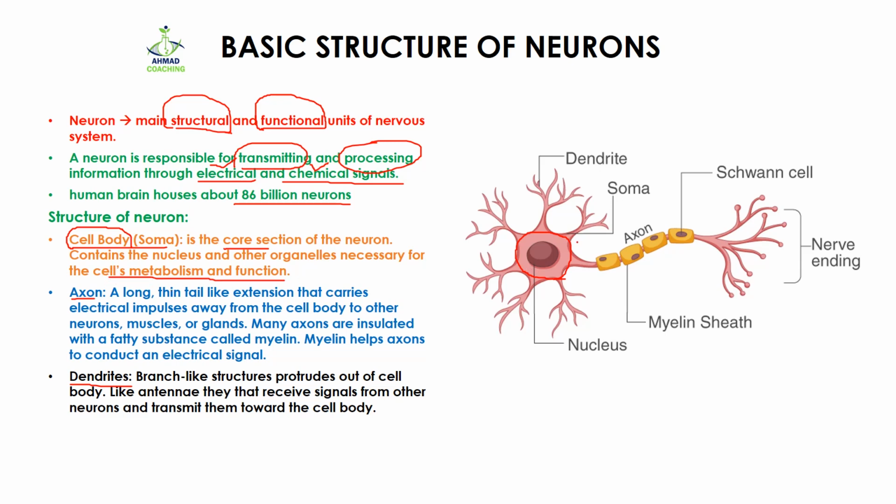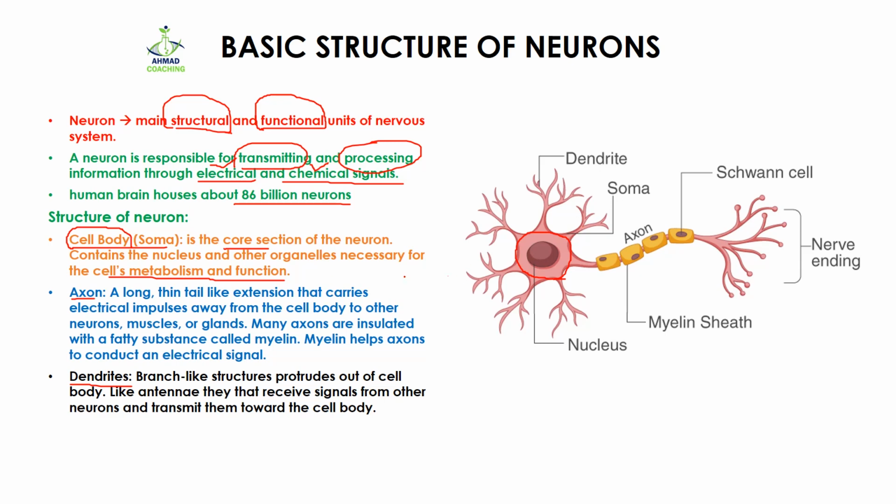So it not only contains the nucleus but also the mitochondria and other organelles related to cell metabolism. Because a neuron is a living cell, it needs energy and it needs different proteins. So all the machinery which is required to produce proteins or energy is present in the cell body.